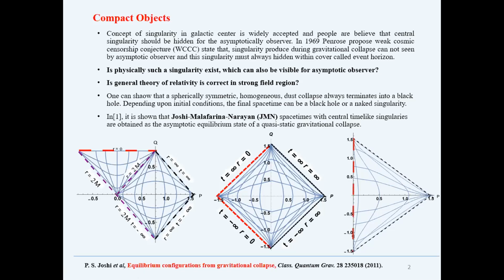It is shown that JMN spacetime with a central time-like singularity is obtained as an asymptotic equilibrium state of quasi-static gravitational collapse. In this diagram, we show the Penrose diagram of the black hole, null singularity, and time-like singularity.